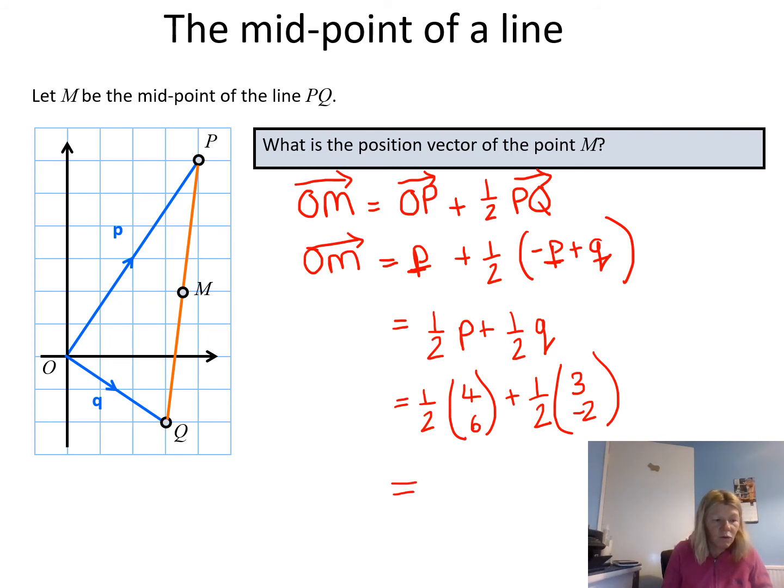If you're going to use your calculator, it works out as 3.5, I think. And a half of 6 is 3, and then take 1, so that gives us 2. And that's our answer.